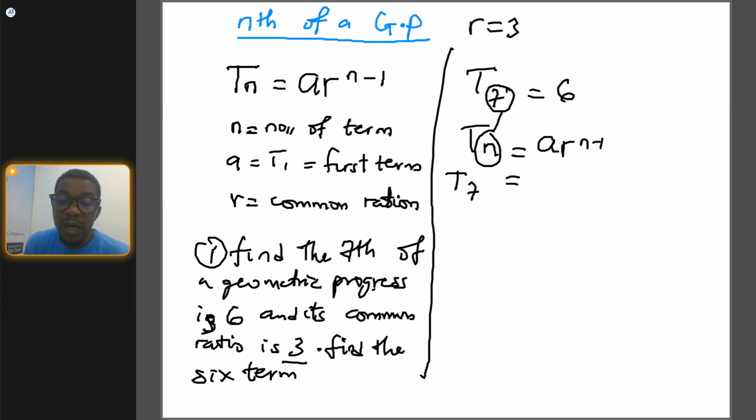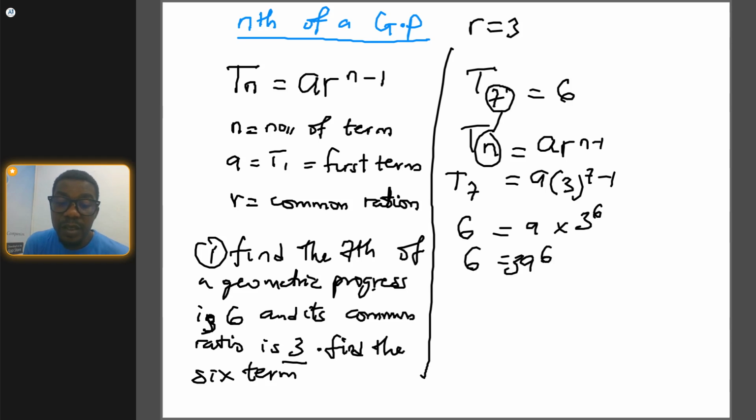That's a into bracket, r is 3, into the bracket 7 minus 1, which is a times 3 raised to power 6. Then we'll proceed to simplify this. That a times 3 raised to power 6 is going to give us a particular value. But before that, T7 is 6.